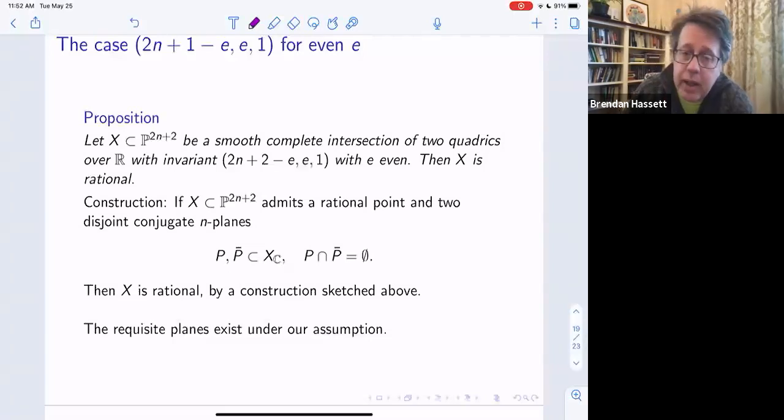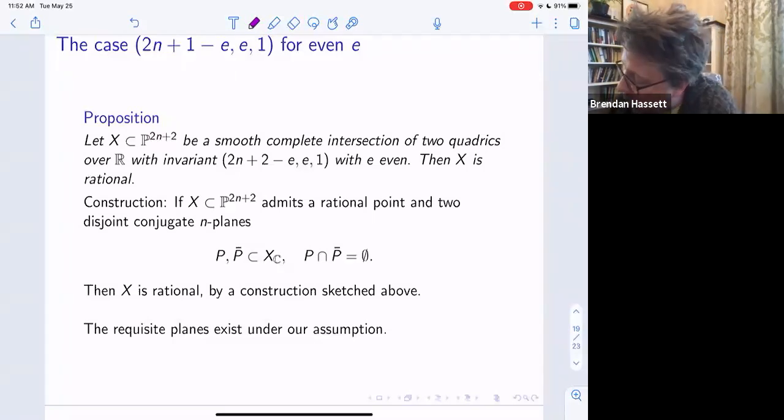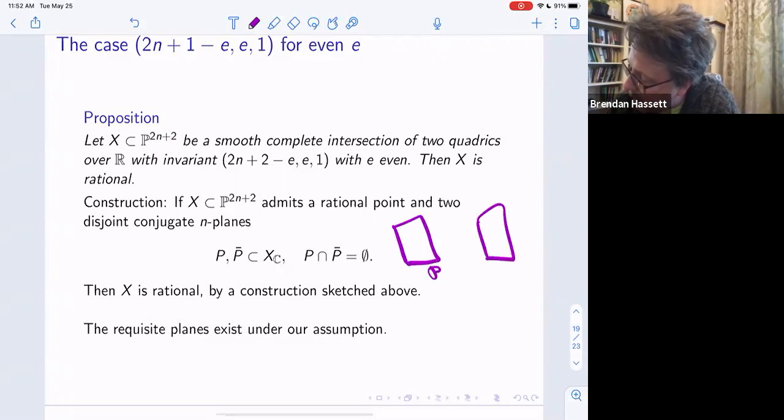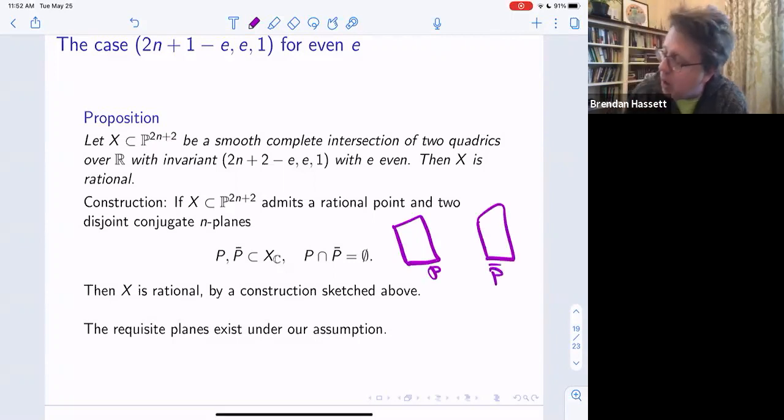If you remember at the beginning, I told you exactly which combination of weights are in bijective correspondence with the n planes. And so using this dictionary, I can keep track in terms of the Krasnov classification which conjugate classes have disjoint conjugate n planes. So, in which cases you have a plane P and a plane P conjugate that don't meet each other.